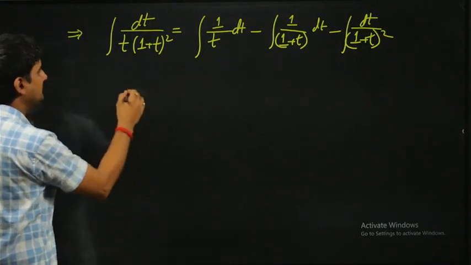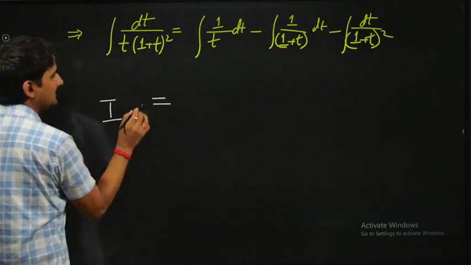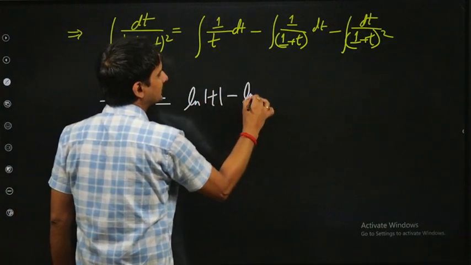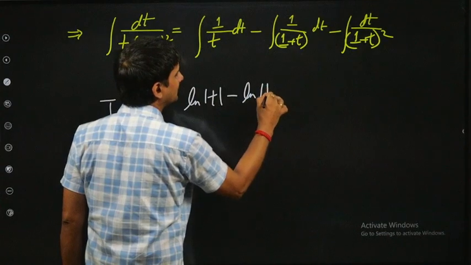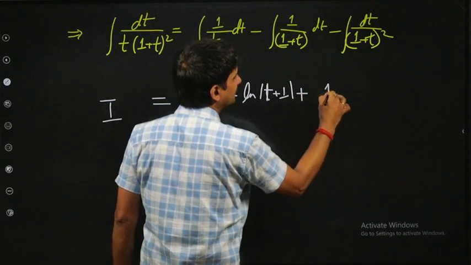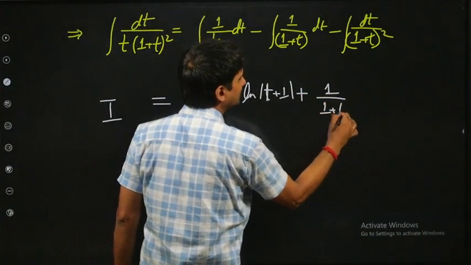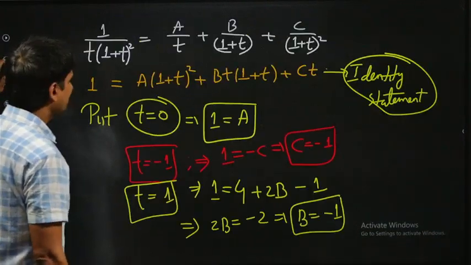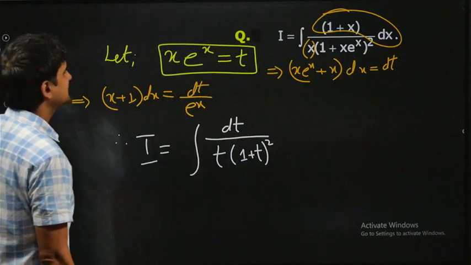So let's integrate them. I is equal to the integral of ln mod t, minus the integral of ln mod of t plus 1, plus the integral of 1 upon 1 plus t. Of course we will add 1 c there. And what was t? x into e raised to power x.